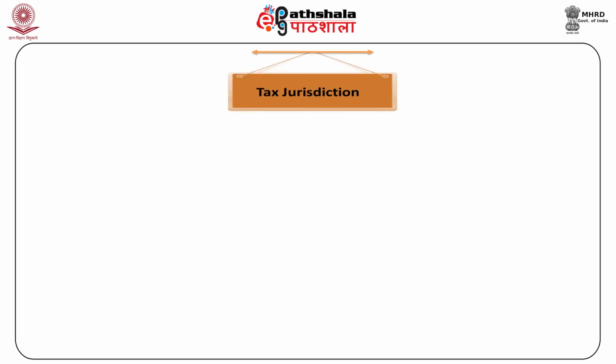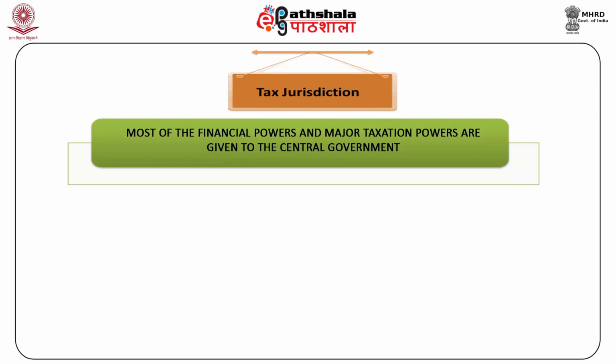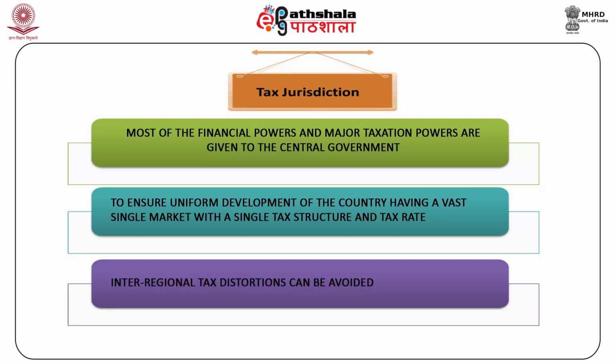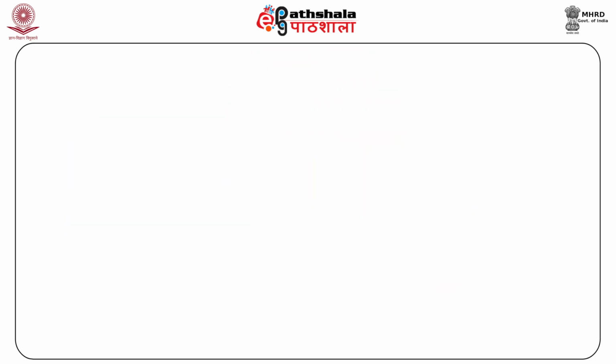Under the provisions of the Constitution, most of the financial powers and major taxation powers are given to the central government. This was done to ensure uniform development of the country, having a vast single market with a single tax structure and tax rate, so that any interregional tax distortions are avoided.